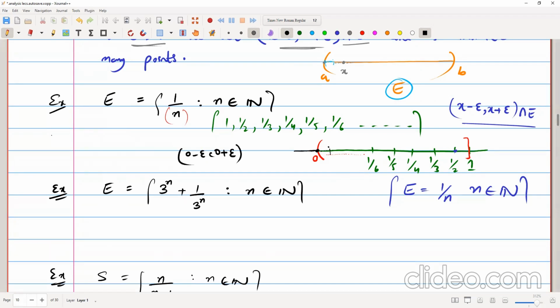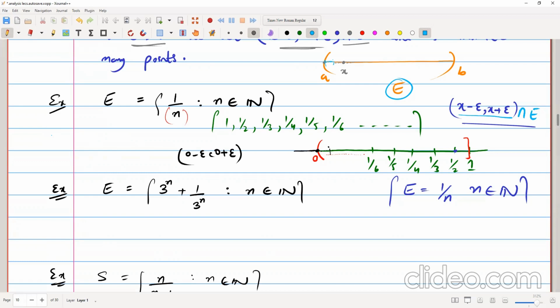Oh, and keep in mind one thing, don't mix up the neighborhood with the open set. This is not the concept of the open set. This is just simple: the intersection of this interval with E will be infinite. It doesn't matter whether the point x minus epsilon or x plus epsilon is in the set or not.